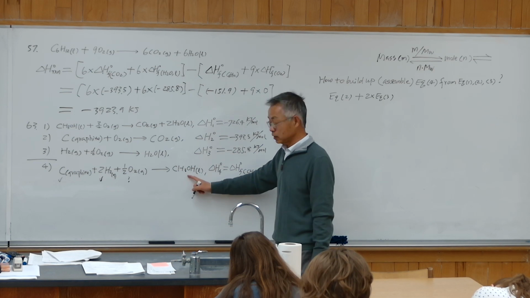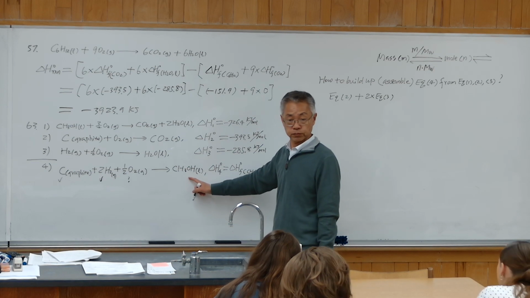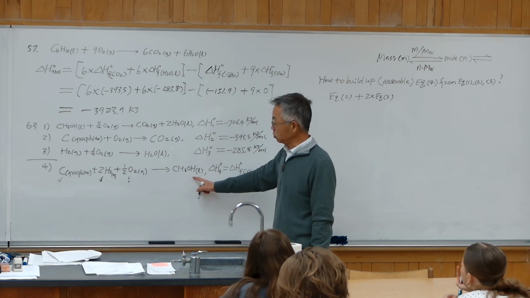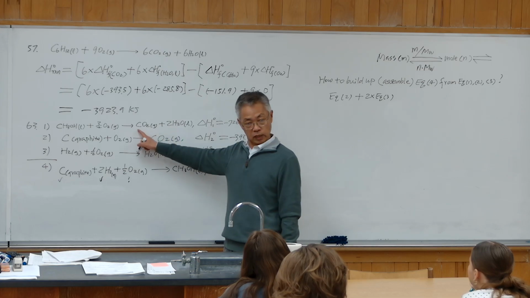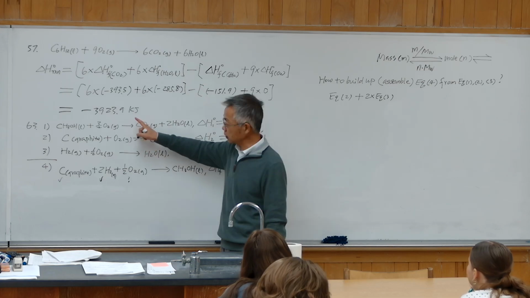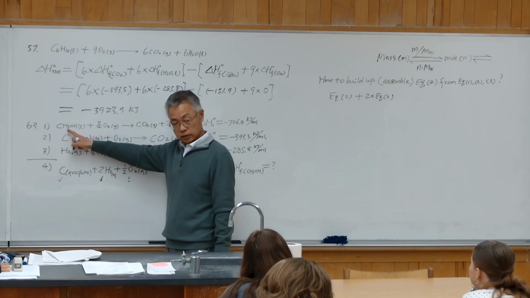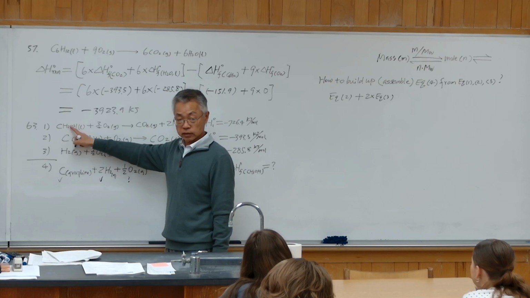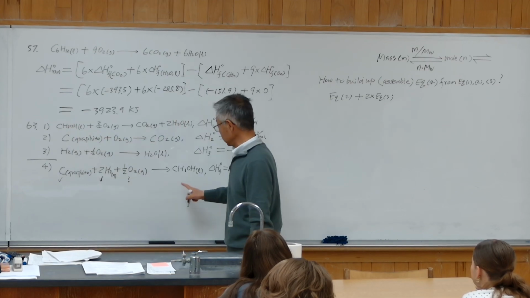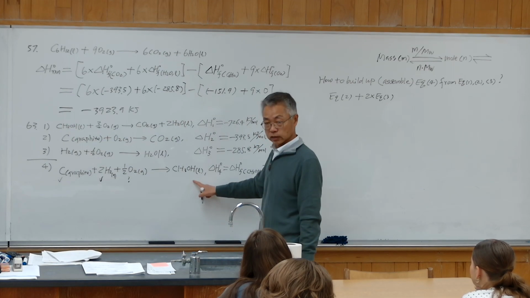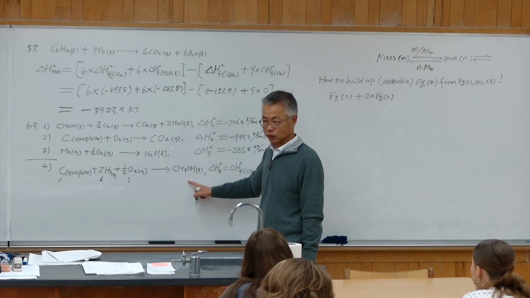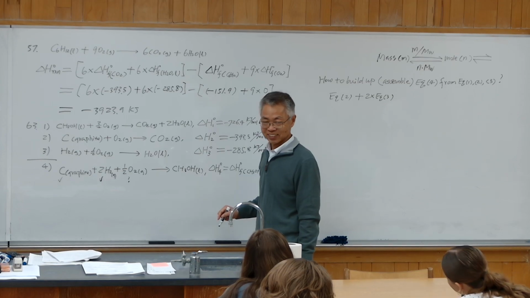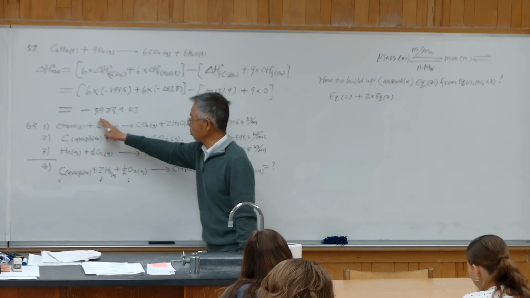Now we need CH3OH. Clearly only equation 1 has it, but in equation 1, CH3OH is on the left side. For equation 4, we need it as a product on the right side. That means we need to switch the reactant side with the product side.